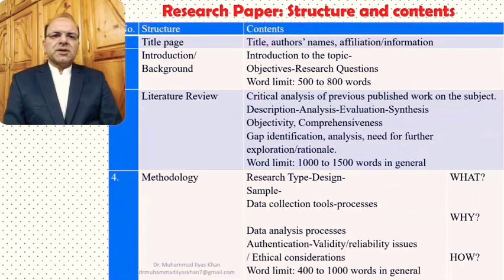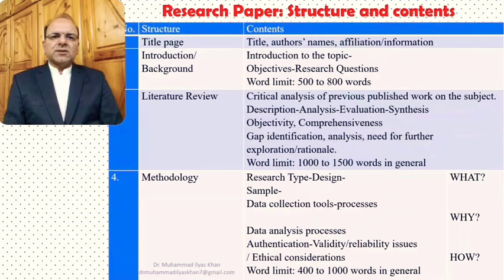But this consolidates the knowledge gap or the scholarship gap that the researcher wants to fill through this research. And so this research gap is then analyzed, and this leads to a rationale for further exploration and filling of the scholarship gap or the knowledge gap.